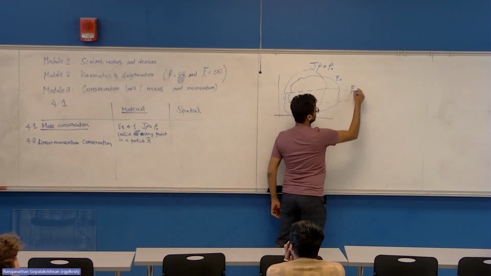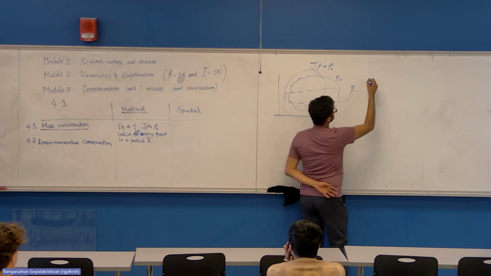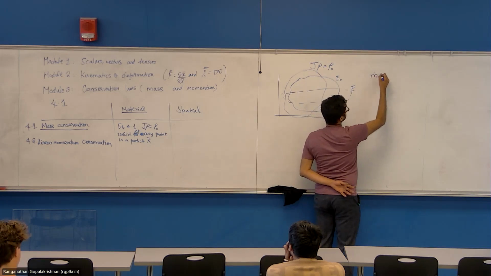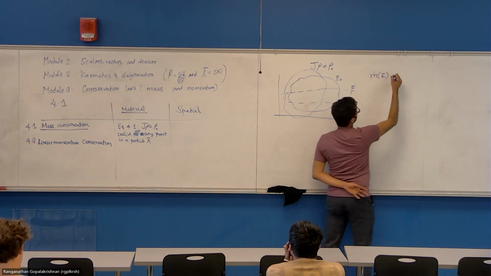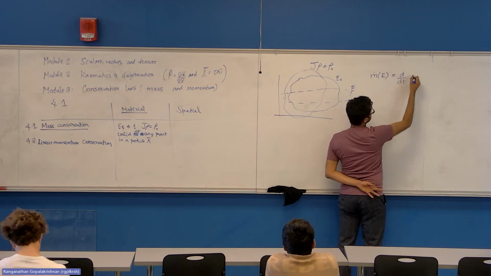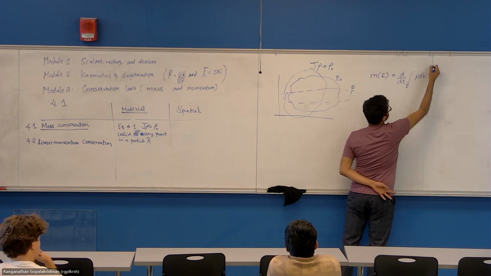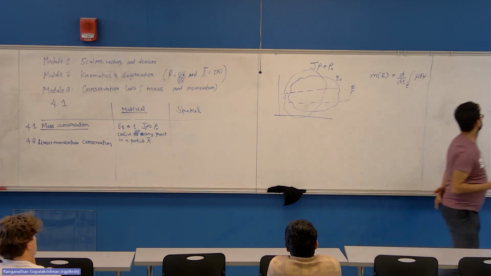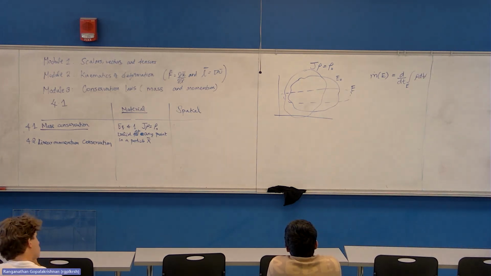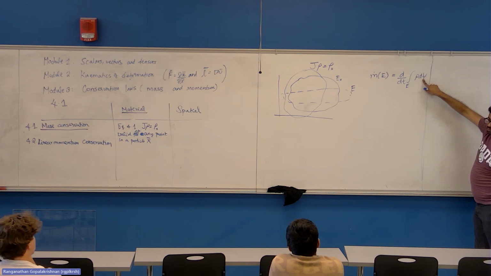We'll call that E. You can calculate m dot of E, which is the rate of change of mass within E. M dot is expressed as the integral over the volume of density at each point times dV.